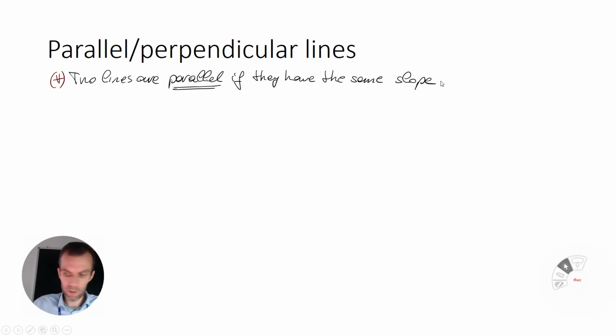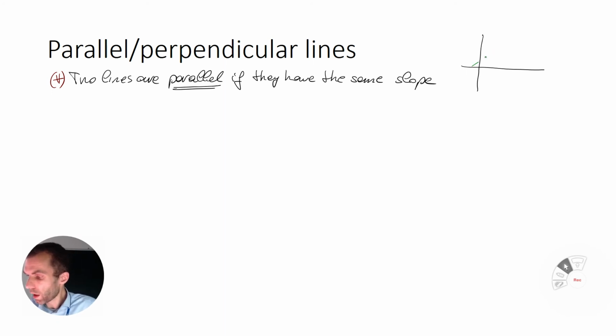And parallel lines, let's make a nice drawing, are basically lines that run next to each other that don't intersect. So these two lines are parallel.